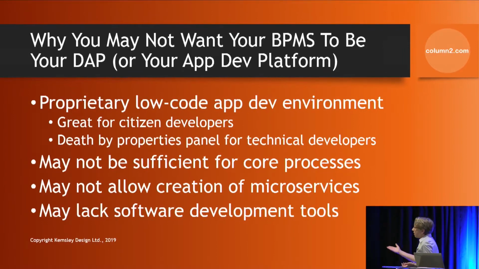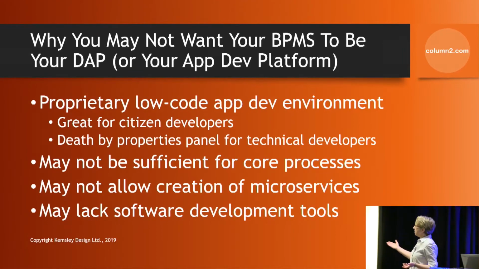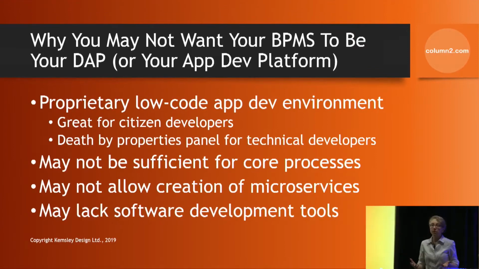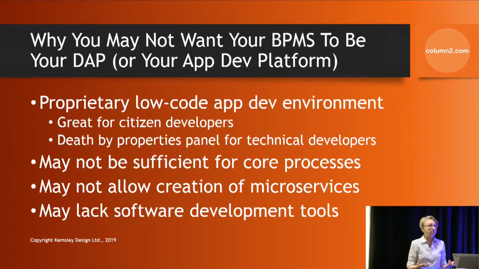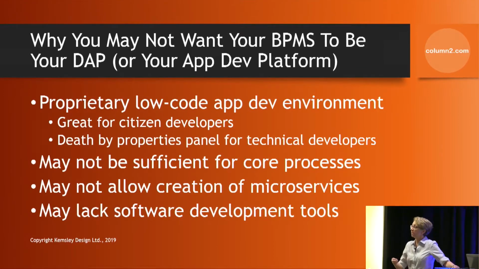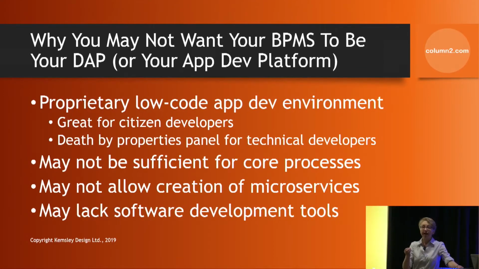And I mentioned how we want ADAPT to have the ability to create microservices, and that's something that typically you don't have within a BPMS. What you can do in many, many BPMSs is create a process that exposes a service endpoint, so you can invoke a process as a service.